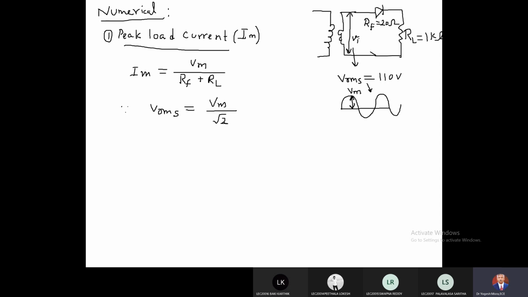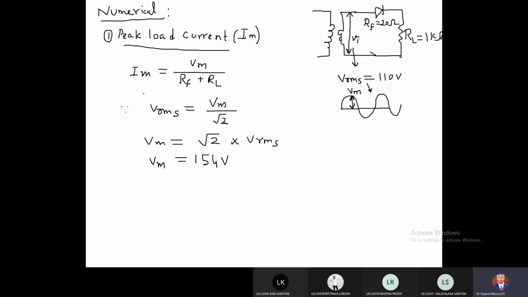So VM will be root 2 multiplied by VRMS, right? And VRMS is 110. If you calculate this, its value will be 154 volt. So VM is calculated.